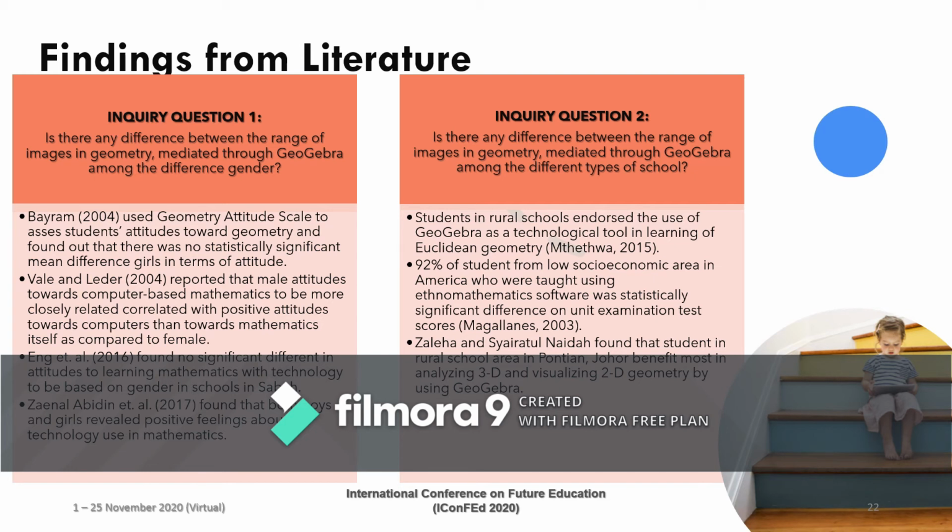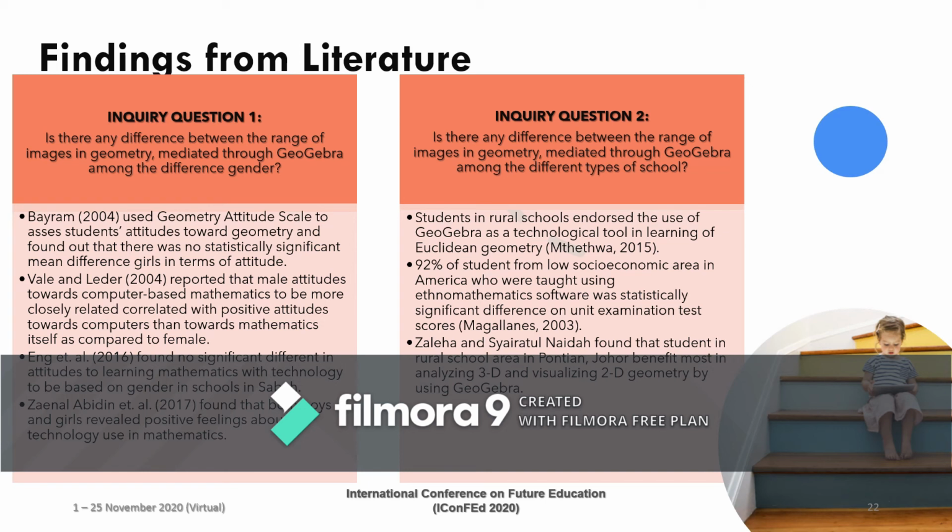For inquiry question 2, is there any difference between the range of images in geometry mediated through GeoGebra among the different types of school? Students in rural schools endorse the use of GeoGebra as a technological tool in learning of Euclidean geometry.